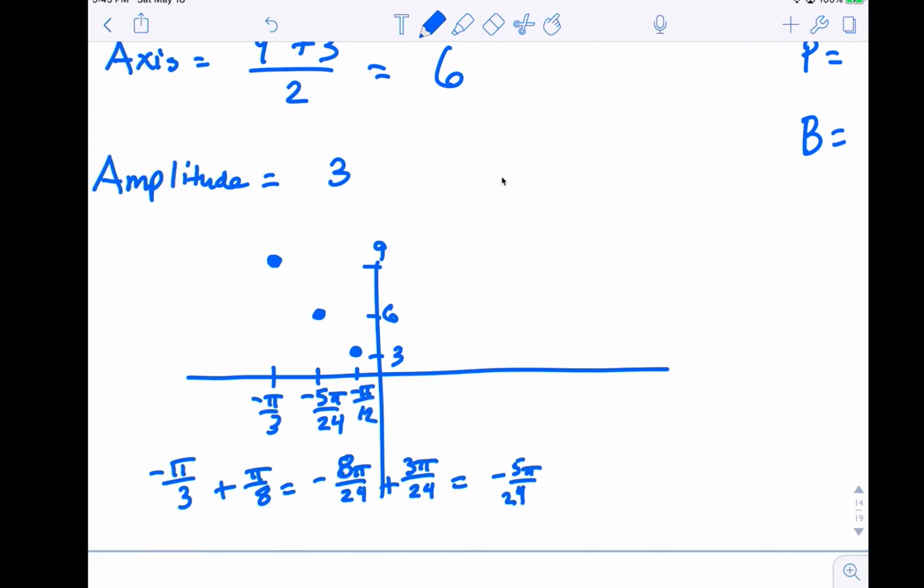And then if I add another one, that's pi over 24. And then if I add another 3 pi over 24, that's 4 pi over 24, which is pi over 6.